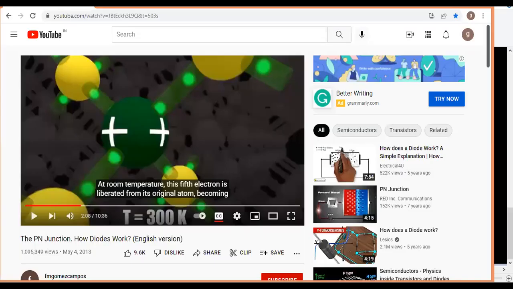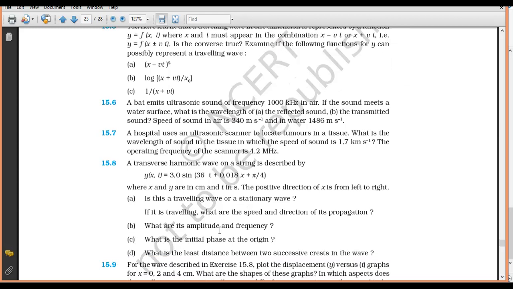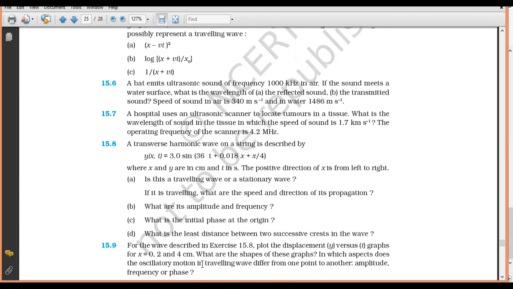Okay, let's see. Point C6 is the easy one, so let's quickly do that.